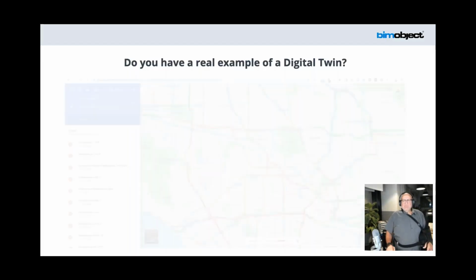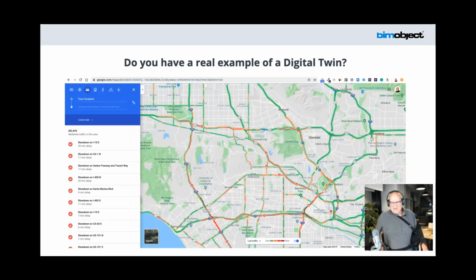So, do we have a real example of a digital twin? I was putting this together, and I sit here looking out from the 15th floor in Burbank, in Los Angeles. For those of you around the globe, I think most have heard the laments about traffic in Los Angeles, because Los Angeles has very minimal public transportation. So this is a real-time digital twin that I live by daily.